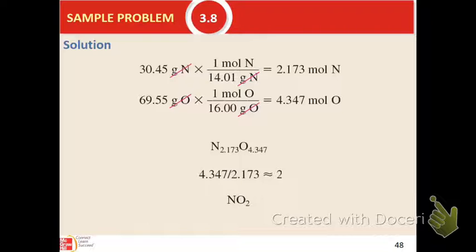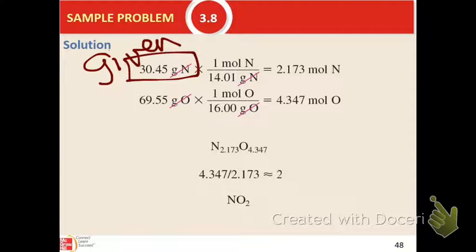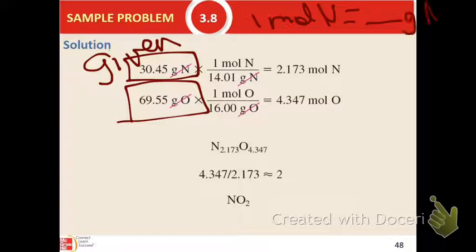I would show my given, though, and I would show my unknown. Here's my given right here. There's my nitrogen. Here's my given for my oxygen. And then my conversion factor is going to be for every 1 mole of nitrogen, I have so many grams of nitrogen.